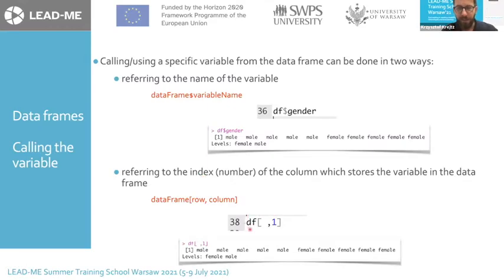Let's say I have the data frame df, and when I want to refer to the index of a column, I put square brackets, and the first part I leave empty because I want to display all the rows, then after a comma, I say display the values of the first column. In the data frame, rows are always first and columns are always second in indexing.